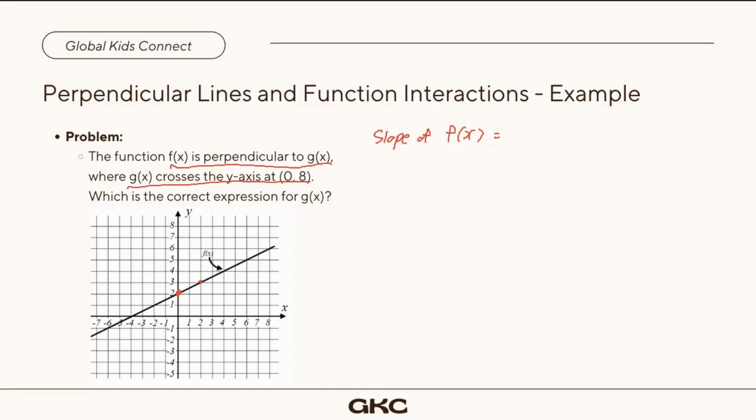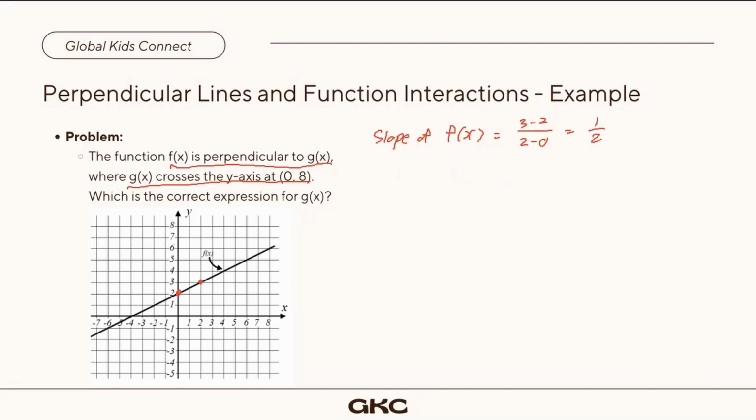So using these 2 points, we have the points (0, 2) as well as (2, 3). Using the slope equation, change in y over change in x, the slope is equal to (3 minus 2) over (2 minus 0), which is equal to 1 over 2. And so now we know that the slope of f of x is equal to 1 over 2.